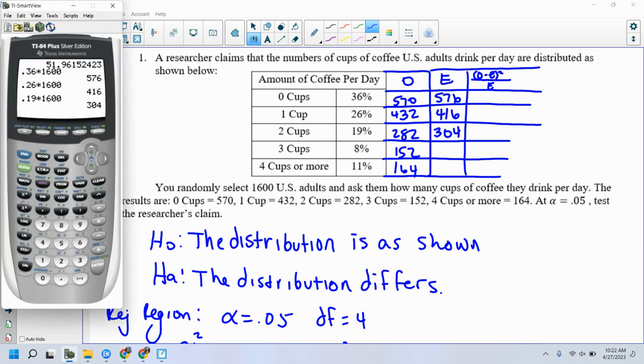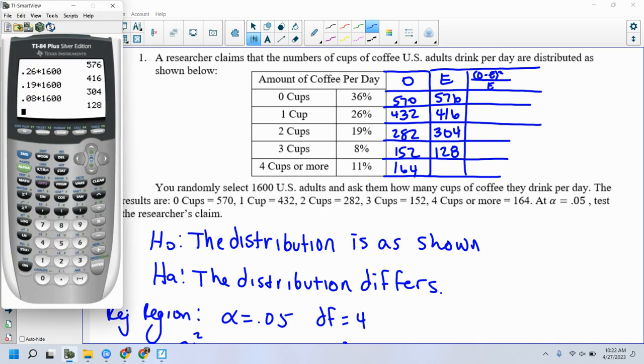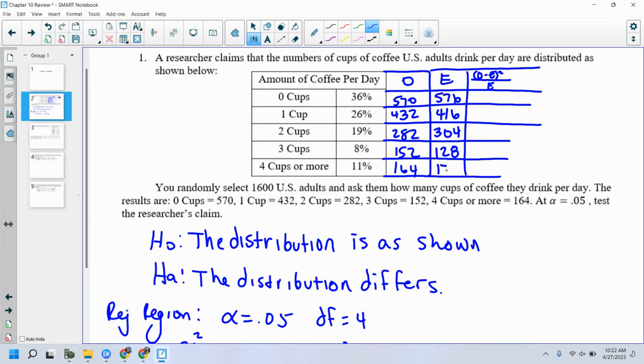My 8%, not 0.8, 0.08 times 1,600 is 128. And then we got 11%, 0.11 times 1,600, which gets us 176. We good so far? Pause it for a moment. We good? All right, next step.